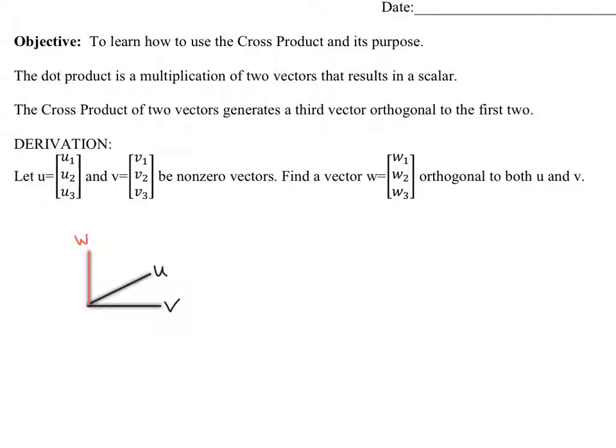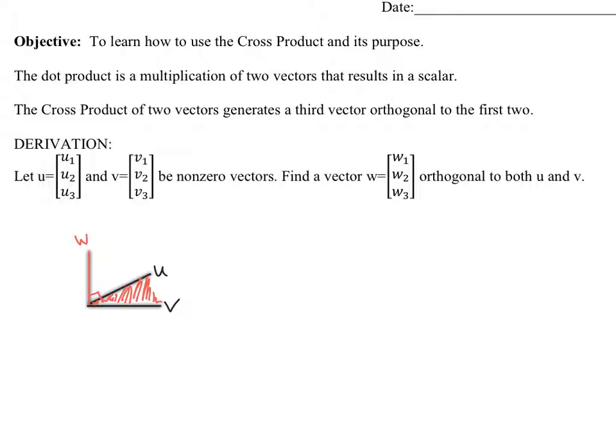This has to be perpendicular to these two given vectors. I have a plane that spans the two vectors, and that third vector needs to be orthogonal to it. Now we just got to carry it out.